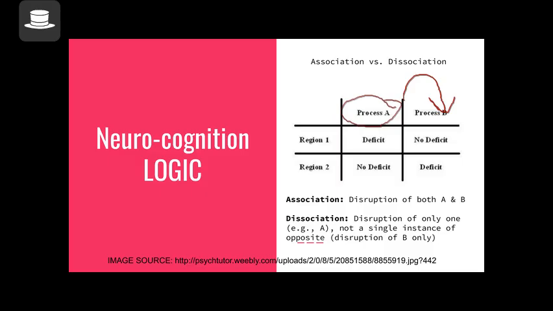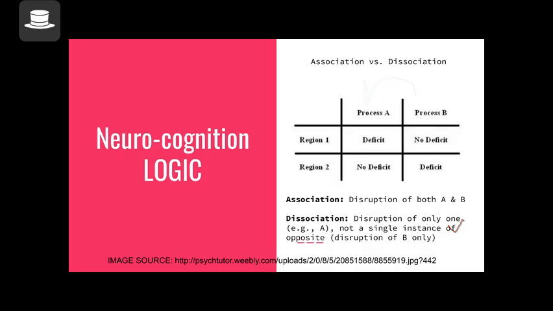So all the cases so far have been patients with deficit in mental process A, but not mental process B. You have another patient who also has deficit in mental process A, but not B. There isn't a single case where there is a disruption in mental process B and there is no disruption in mental process A. So dissociation is when there is a disruption of only one mental process and there isn't a single case of the opposite, which is a disruption of B only.